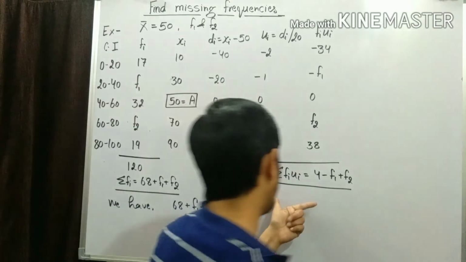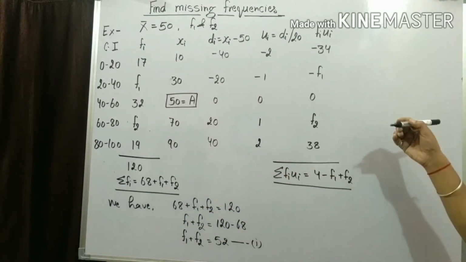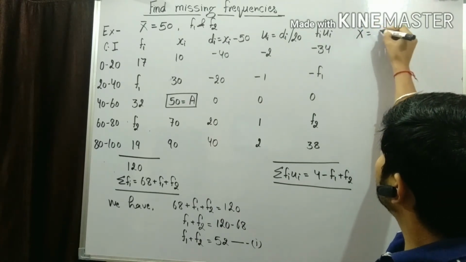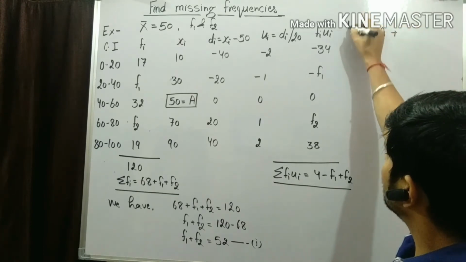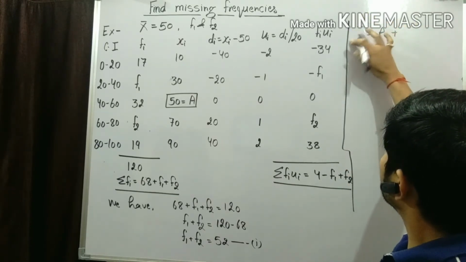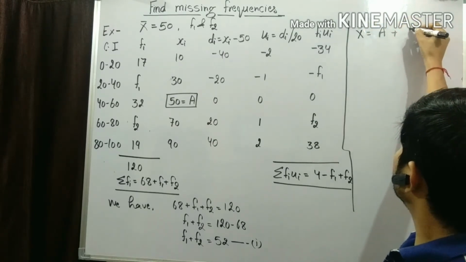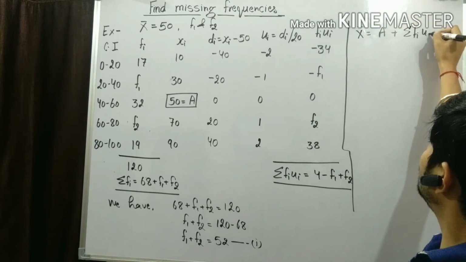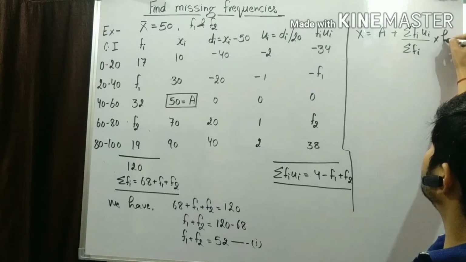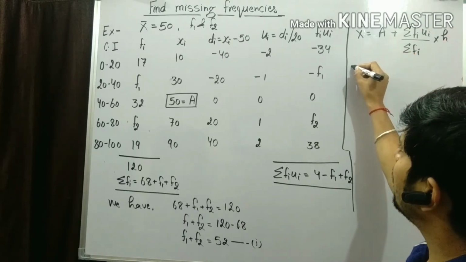Now we know the formula of x bar. x bar is a plus summation of fi ui over summation of fi, into h. Now we will put in all the values.